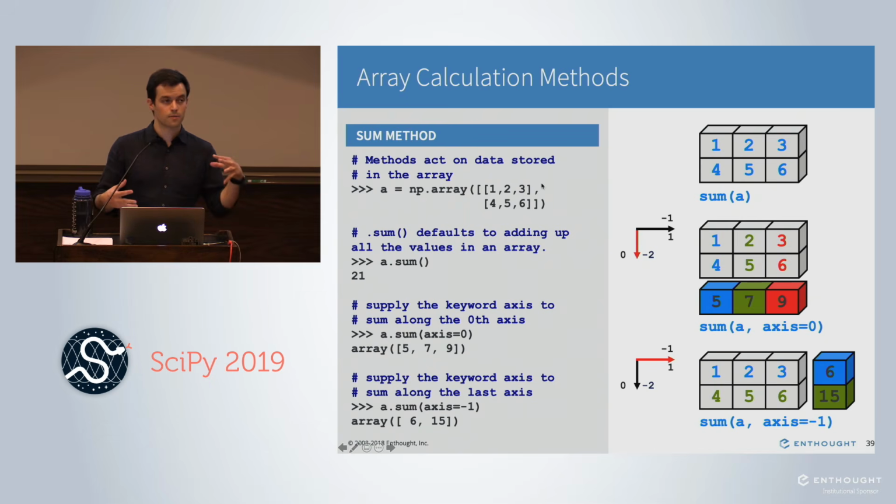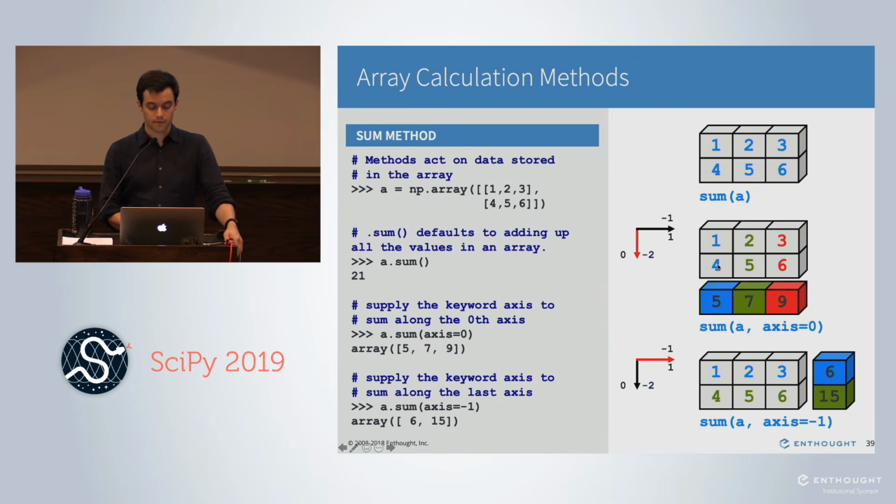If we don't want the sum over the entire array, but only column-wise or row-wise, we can specify a keyword called axis. The axis is the element of the shape that will go away, when you sum, or take the mean, the product, the variance, etc. Here we're doing the sum of this two-dimensional array along axis 0.